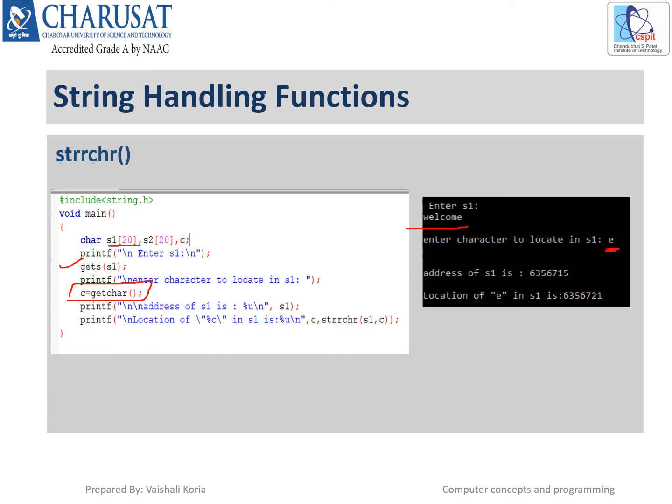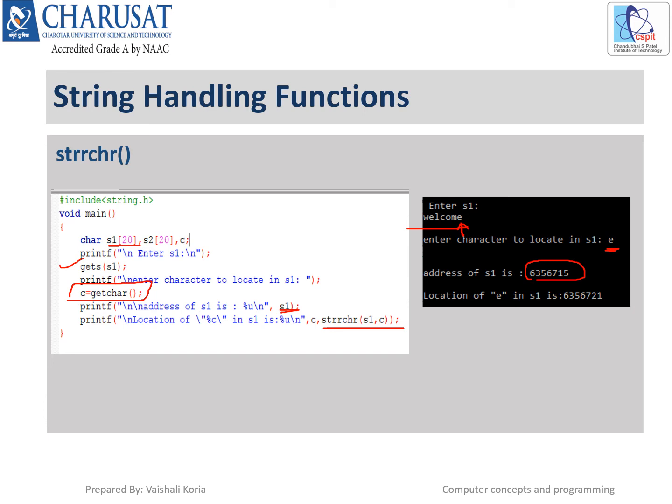Here this is the address of s1, meaning the address of the first element w, so that is 6356715. So what can be the output of this strrchr function? From s1 we want to find this character which is stored in the variable c. It will give the last occurrence, this last e.